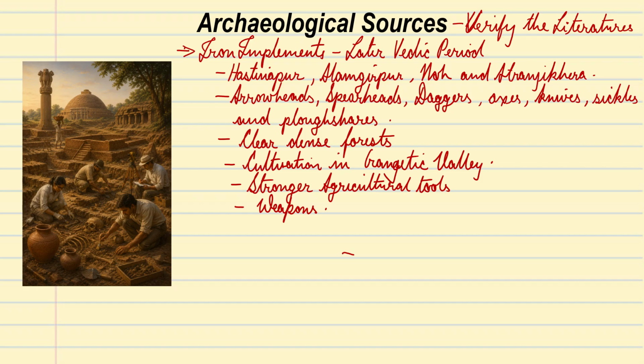If you see this as a map of India, then here we have the Himalayas, and Yamuna flows like this, Ganga flows like this. So here we have the Gangetic Valley. Now this place had a lot of forests which couldn't be cleared with any item other than iron implements. So that is why iron implement is very important.